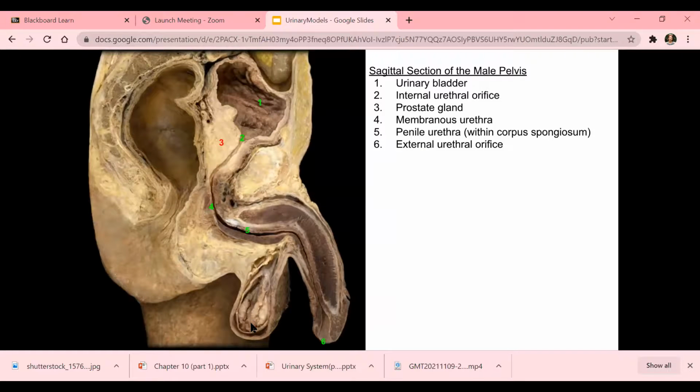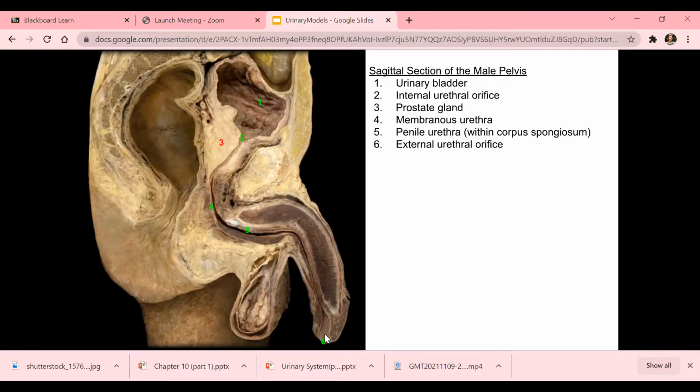This is the mid-sagittal section of the male pelvis. In this picture, you can see some parts of urinary system, genital system, and digestive system. Number 1 is the urinary bladder. Number 2 here is the internal urethral orifice, and after that you have urethra.